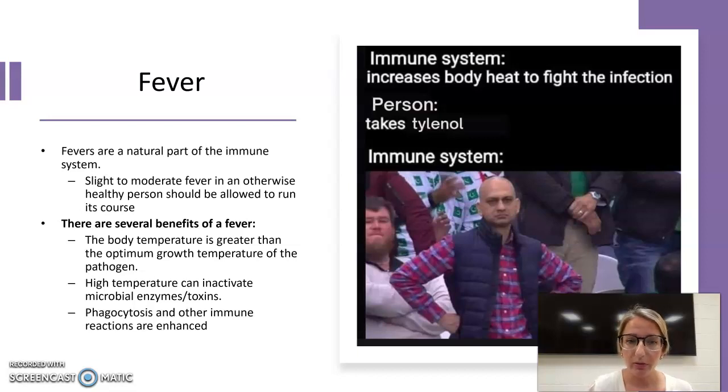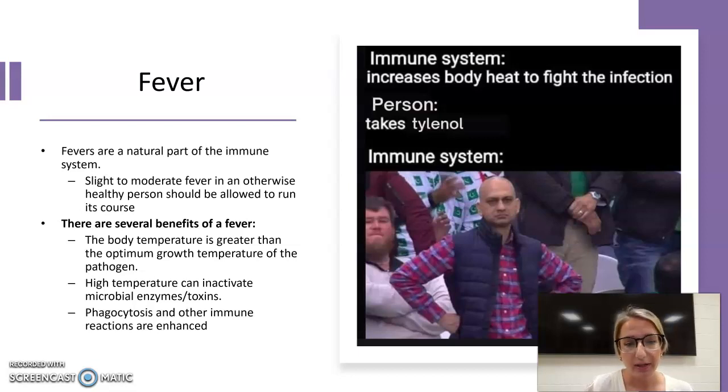So microbial growth is actually going to slow or completely stop. But if you have a low-grade fever and you decide to take Tylenol to bring it down to 98.6, really you're just creating the optimal environment for the microorganisms to grow and make you even more sick. So we want to increase that temperature because it's going to slow or potentially even stop microbial growth.